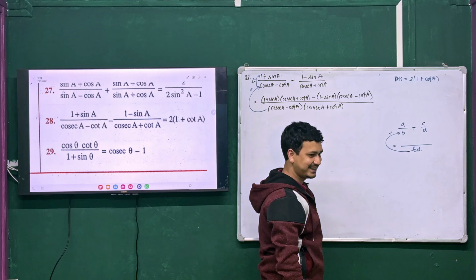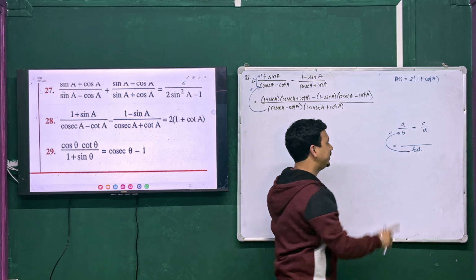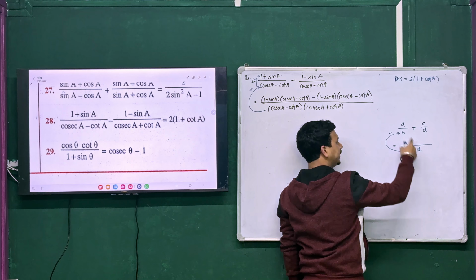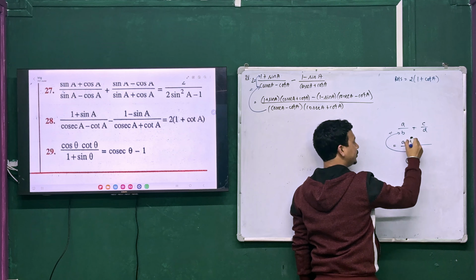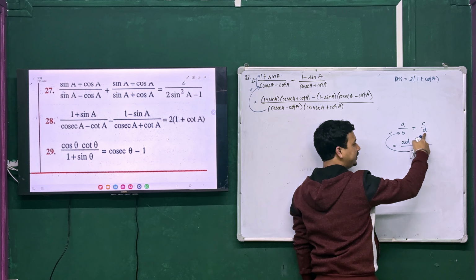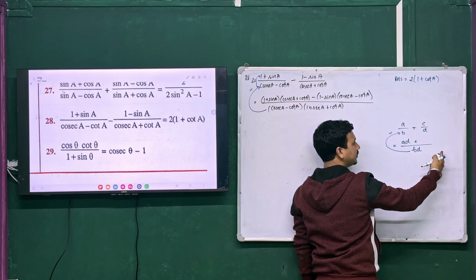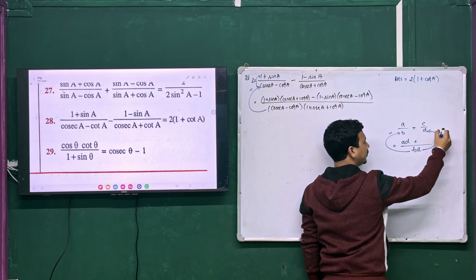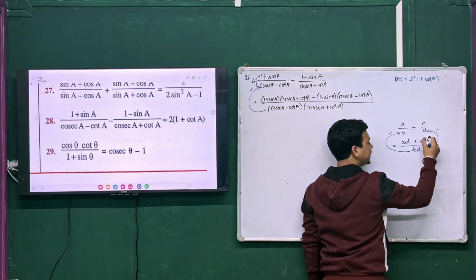It will be D, and that multiplied by A will be A into D. Similarly, BD divided by D will be B. B into C will give you CB.